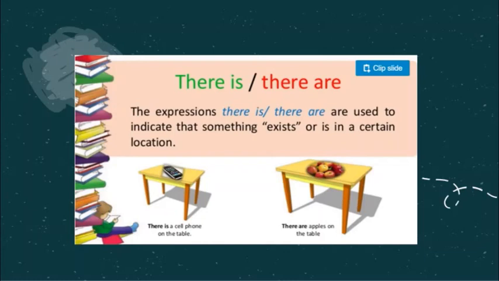Let's look at the next picture. There are apples on the table. The usage of there are is to point out that there are many apples on the table. Now let's move on.